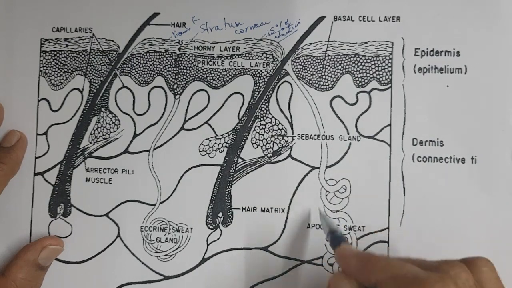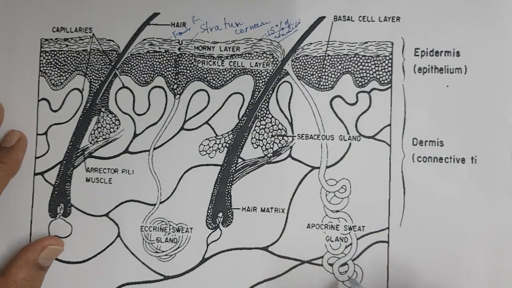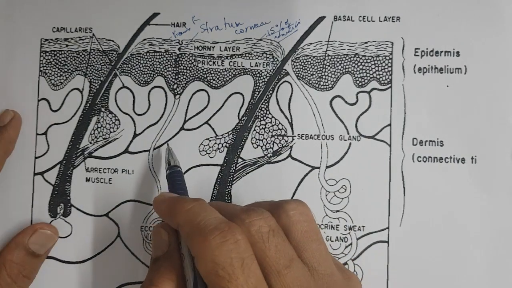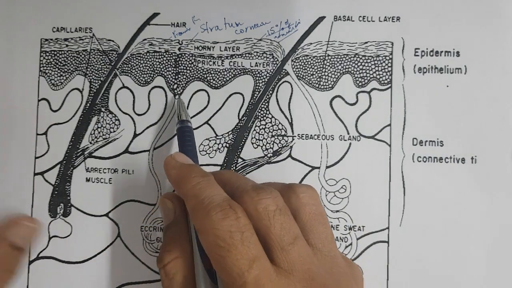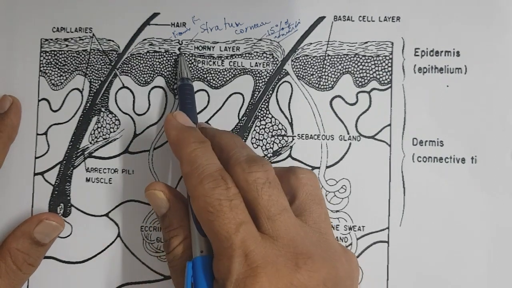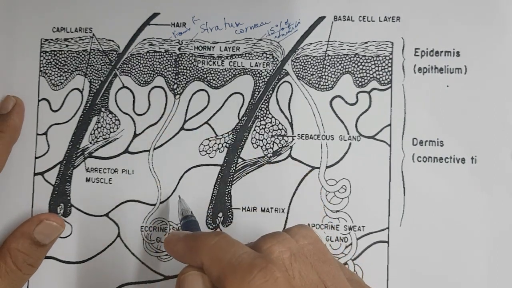So the apocrine sweat gland is not there at the time of birth; the eccrine sweat gland is there. The eccrine sweat gland is the main sweat gland and its composition is basically electrolytes.